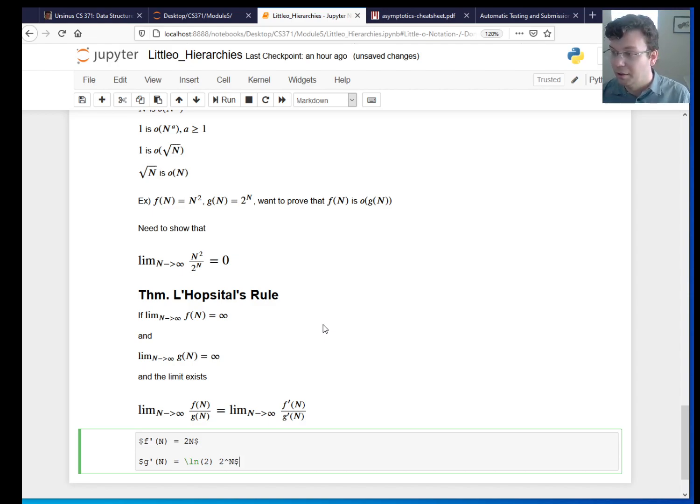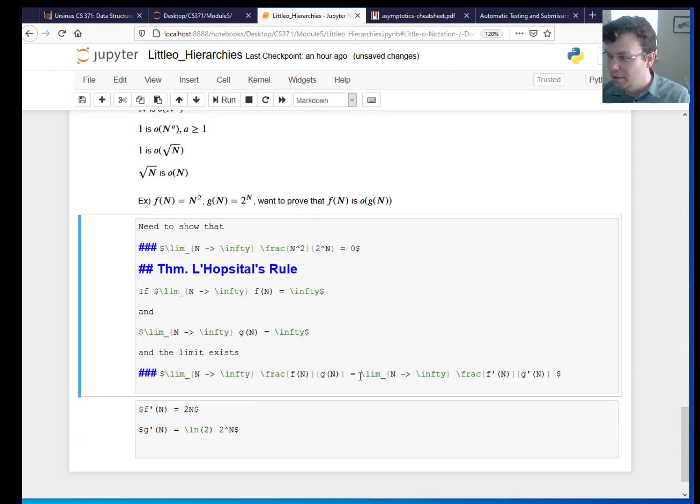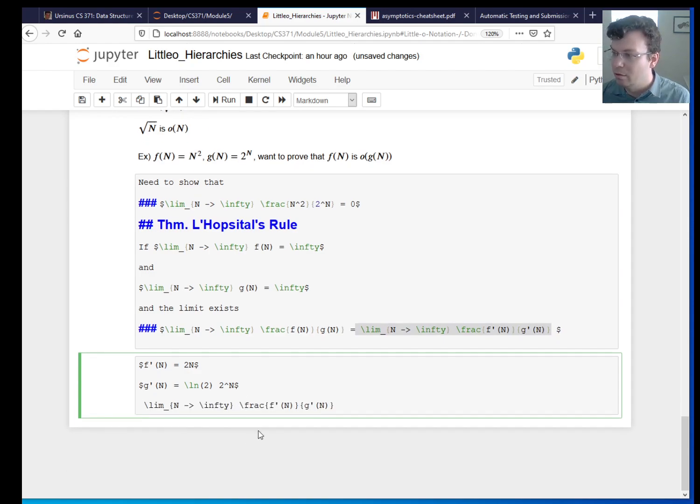Okay. So now what we're going to try to show is that actually the limit as n approaches infinity of, instead of n squared over 2 to the n, we're actually going to try to show the limit as n approaches infinity of 2n over natural log of 2 times 2 to the n. So natural log is log base e, for those of you who don't remember.